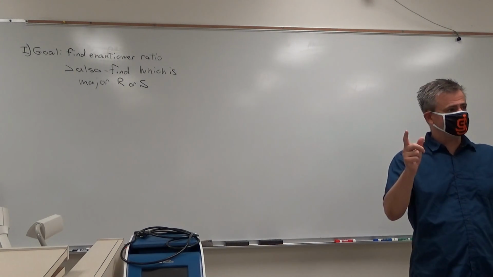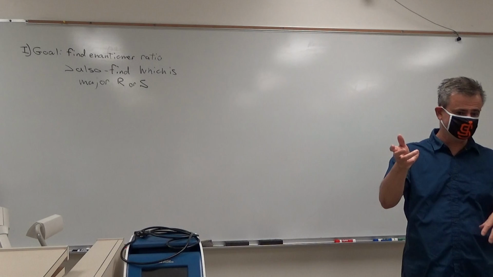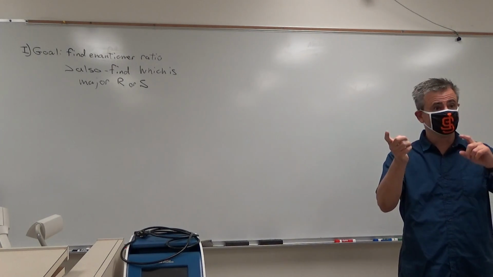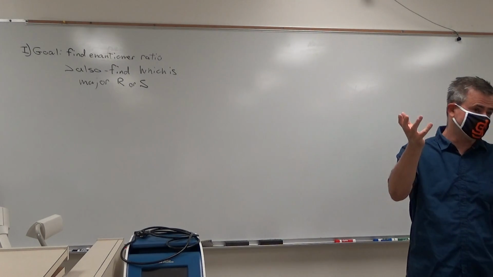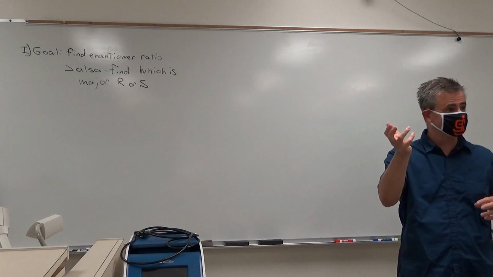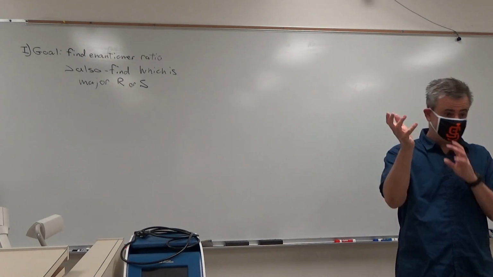Once you're comfortable with the concept of enantiomeric excess, which we call percent EE a lot of the time, you can go back and forth between percent EE and ratio.